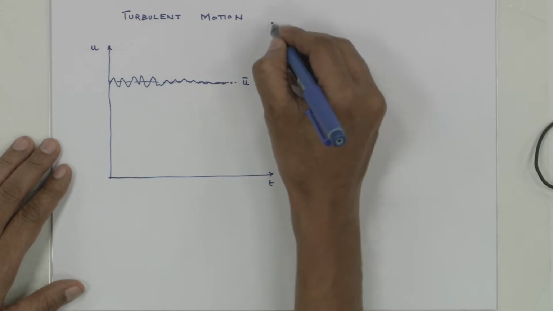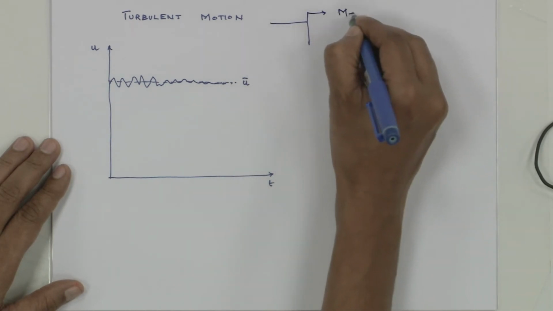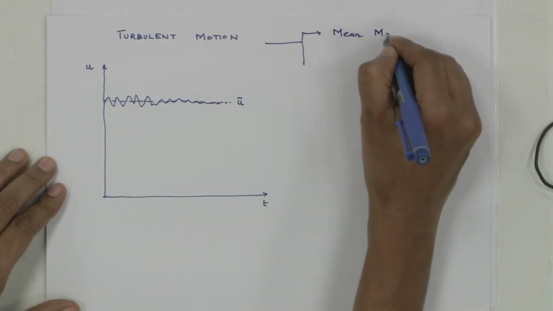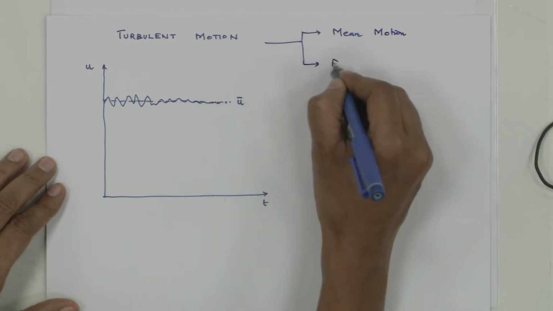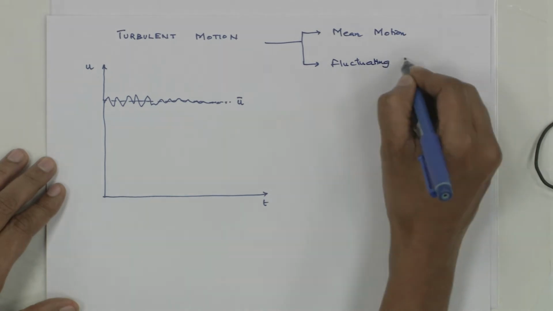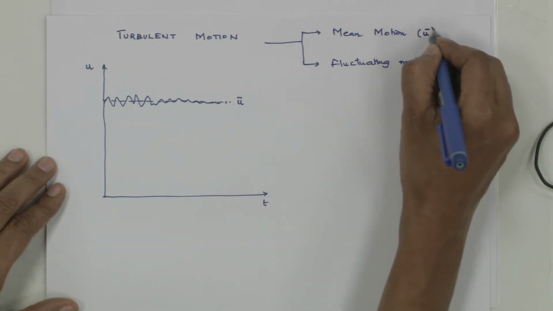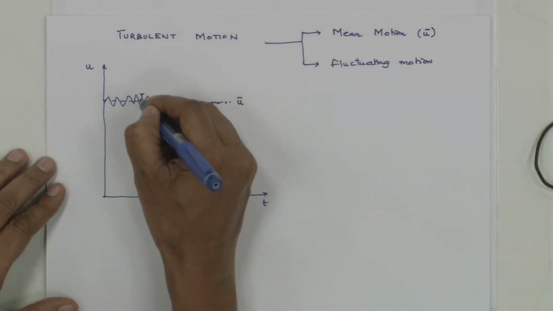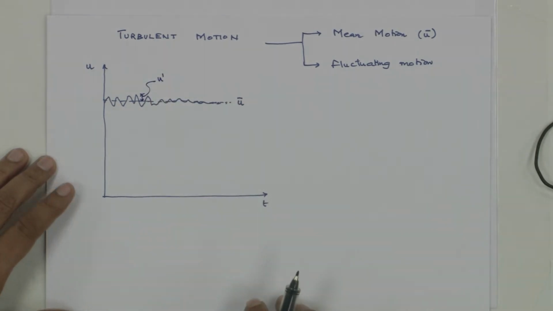Turbulent motion is decomposed into two portions: the mean motion, characterized by u bar, and the fluctuating component, u prime.